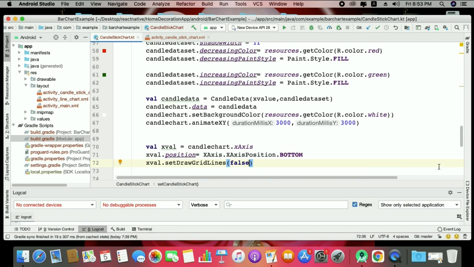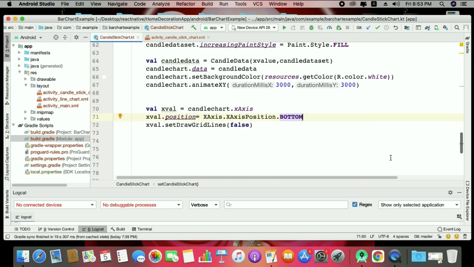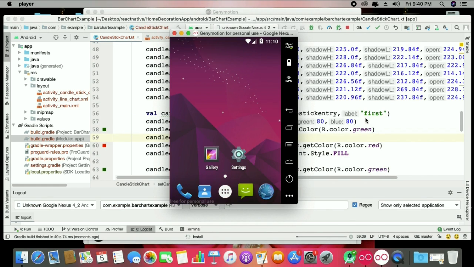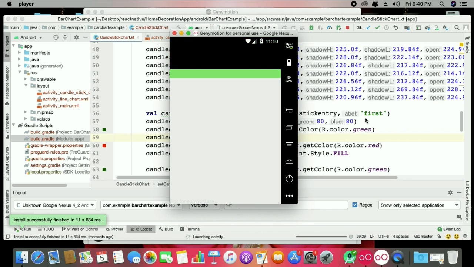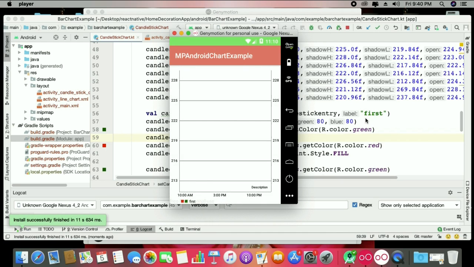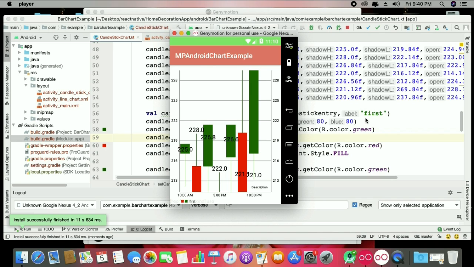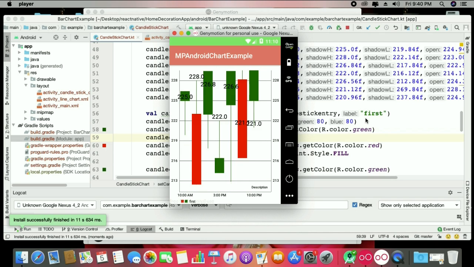Okay, so now let's see what happened with this chart. Let's see what the result of those constant values of the charts is. Yeah, you can see that these are your chart values, with rise, fall, a lot of things there.